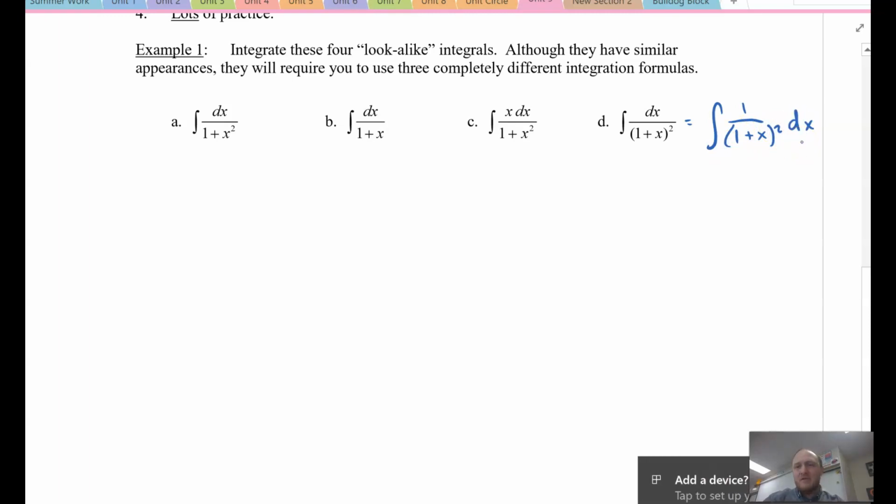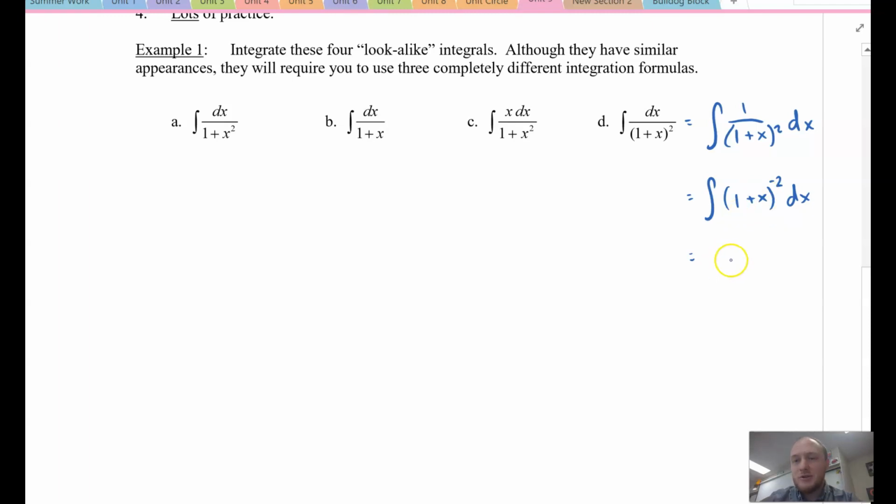Now, if I want, I can take this binomial in the denominator and bring it up. This is 1 plus x to the power of -2 dx, and then I can just go ahead and integrate. I don't have a hook because the derivative of the inside is just 1, so I can just use simple power rule.